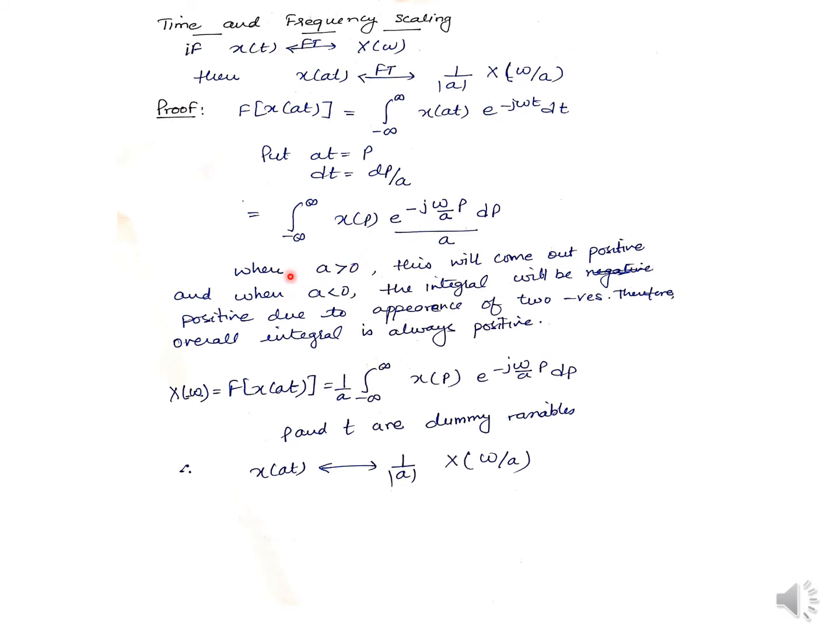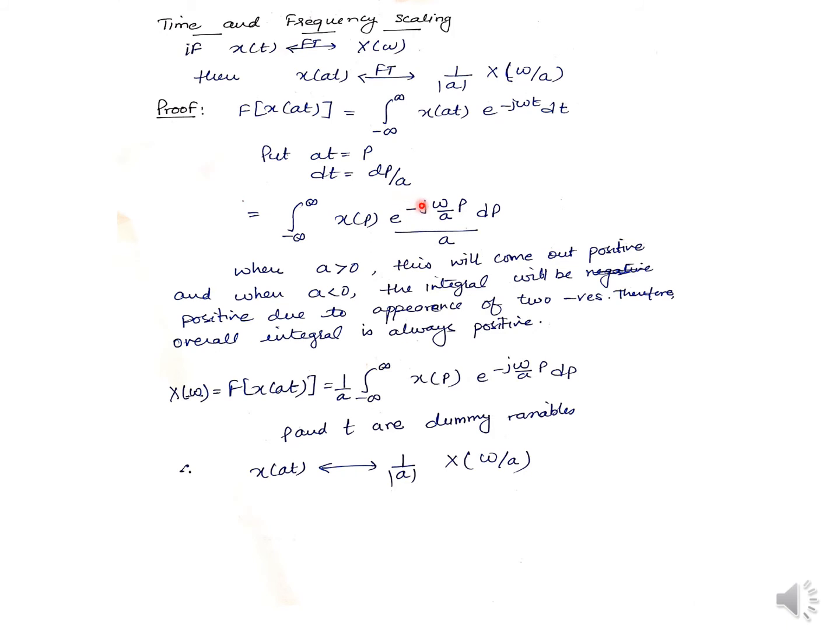When a is greater than 0, the answer will come out to be positive. When a is less than 0, due to this factor, the integration will be positive due to the appearance of two negatives. So when a is negative here, there will be a negative sign here also, due to which there is an appearance of two negatives. Why?